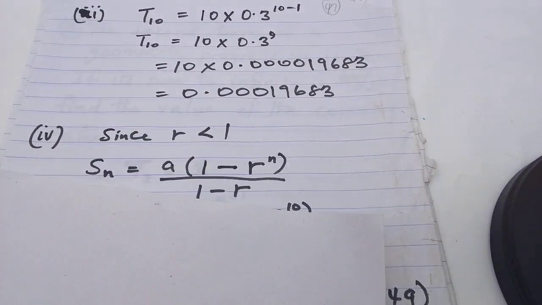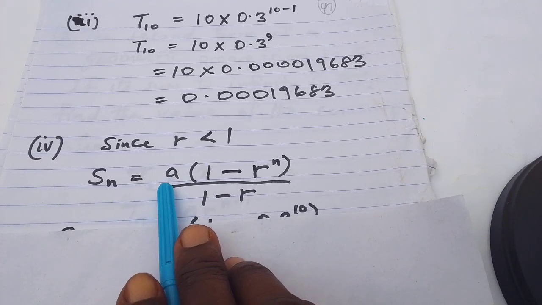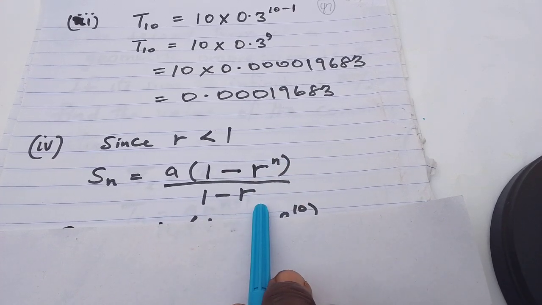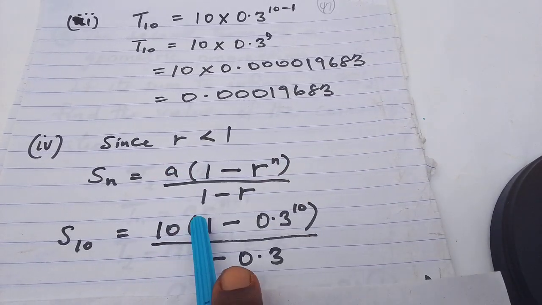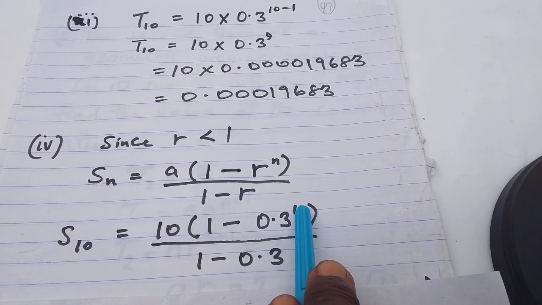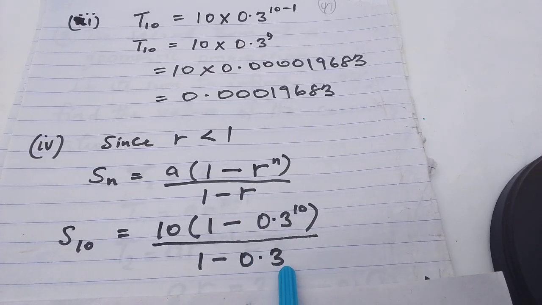So since the value of r is less than 1, you are going to use this formula: a into bracket 1 minus r raised to power n, over 1 minus r. So your first term is 10 into bracket 1 minus 0.3 raised to power 10, everything over 1 minus 0.3.